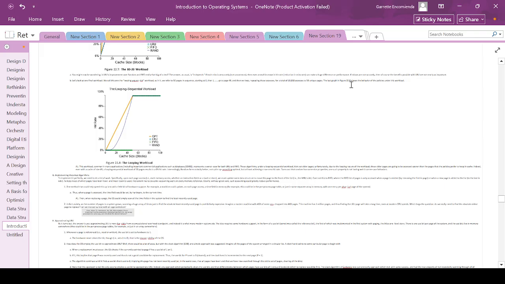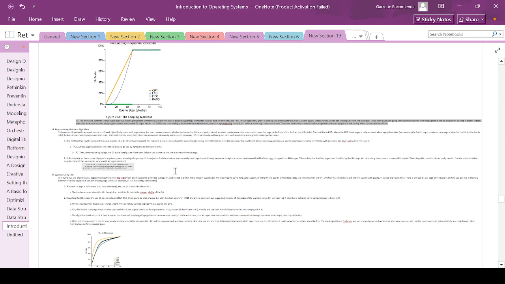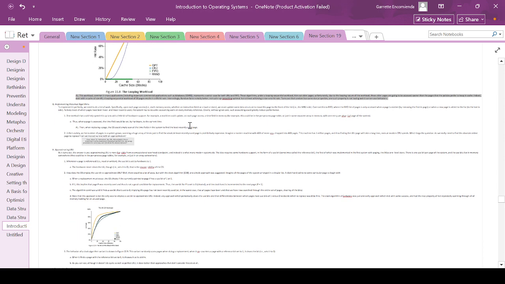The last graph in figure 22.8 shows the behavior of the policies under this workload. This workload, common in many applications, including important commercial applications such as databases, represents a worst case for both LRU and FIFO.